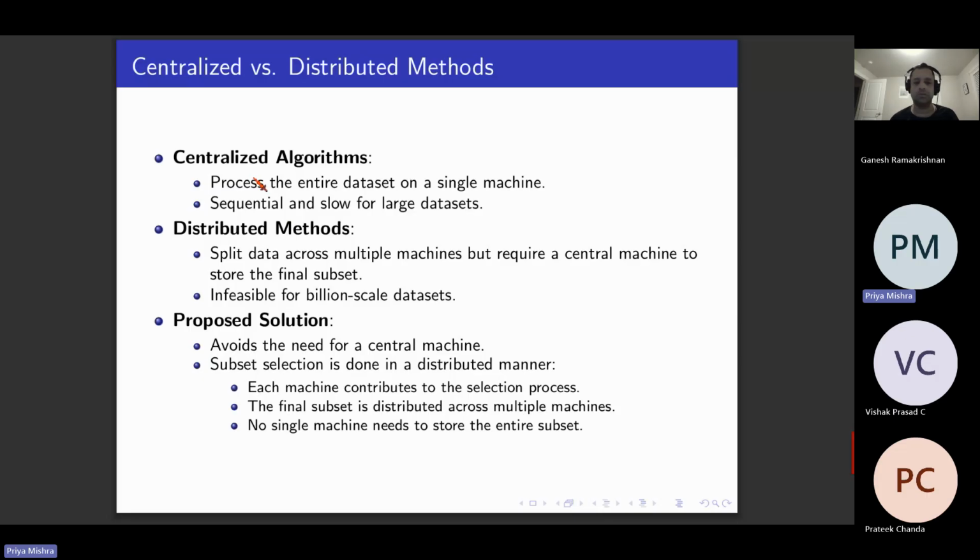In distributed methods, we distribute the complete data set into several machines, select the subset from the several machines, and store the subset in a central machine. But this was the main problem in these two approaches. So they proposed a solution which avoids the need for a central machine, meaning subset selection is done in a distributed manner.